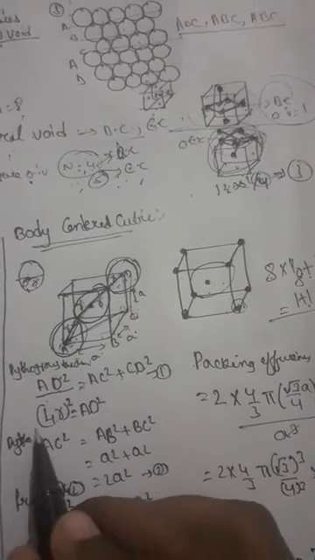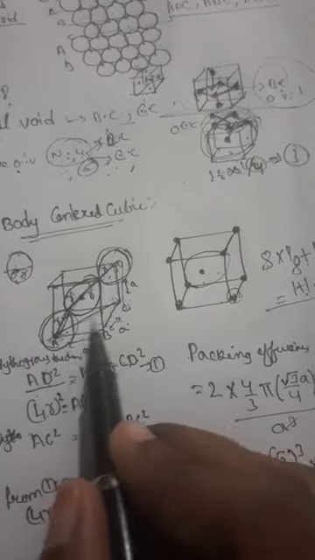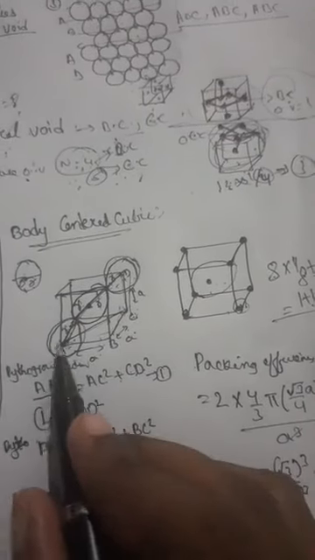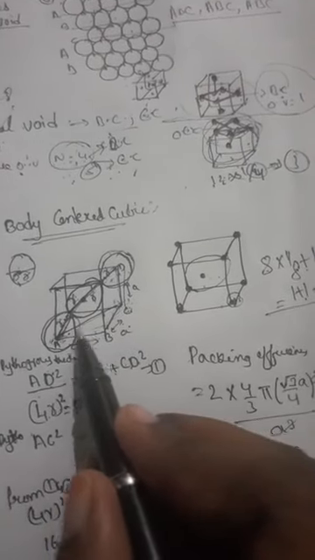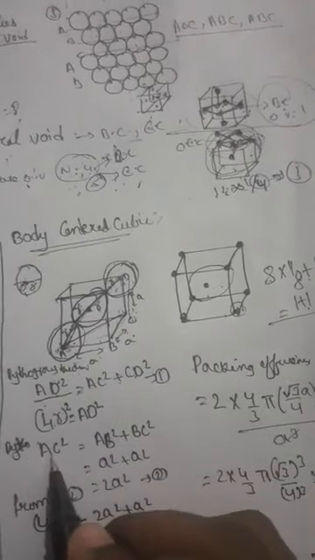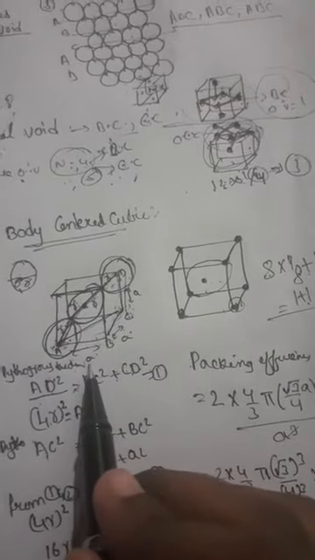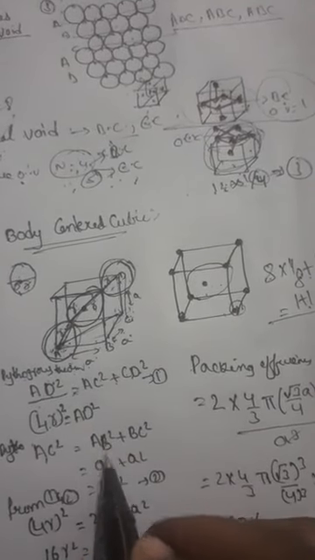Again from Pythagoras theorem, if you take AC square, AC square equals AB square plus BC square. Okay, according to Pythagoras theorem, AB square plus BC square. AC square is equal to. Now AB square means what? What is the edge length? A square, because it is AB square.